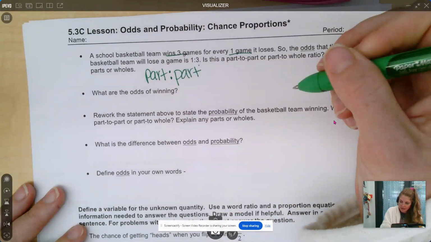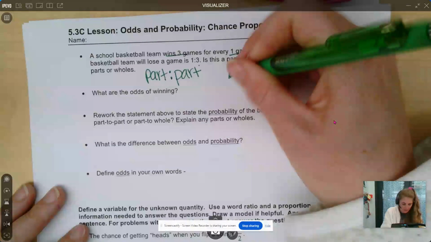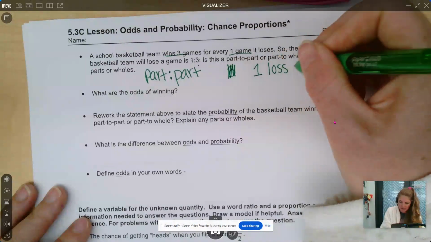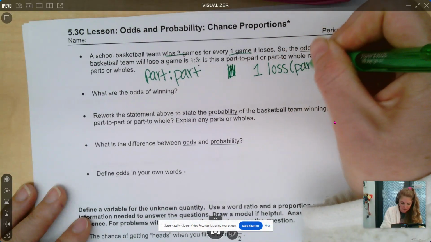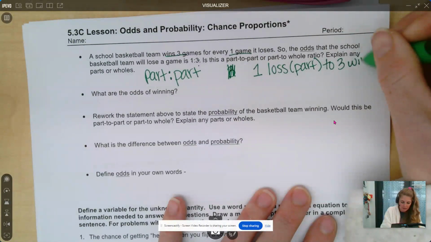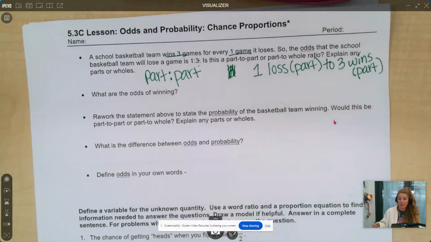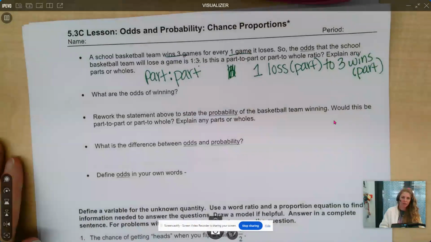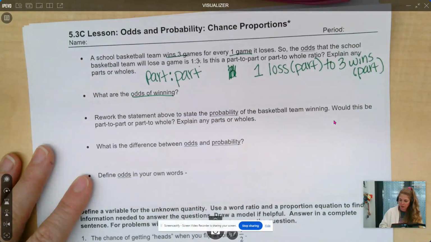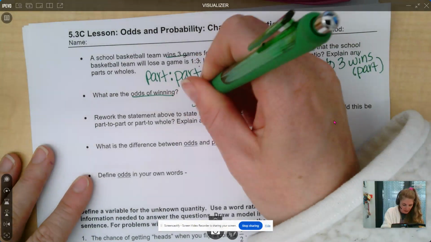That's because we want to go 1 loss, a part, to 3 wins, which is another part. A whole would be out of how many total games they played. So what are the odds of winning? The odds of winning would be win to lose. So that's going to be 3 to 1.